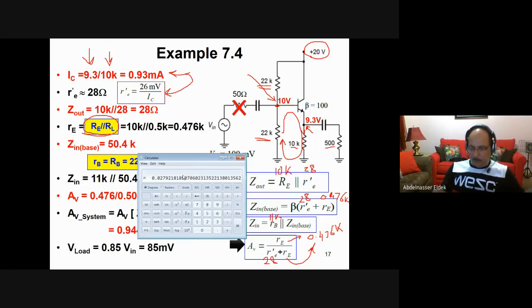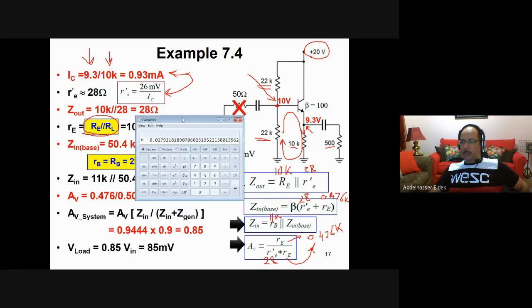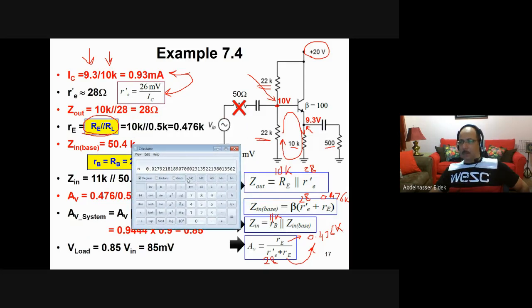So equals what? Equals 0.0279. So actually this is 27.9 ohm, almost 28 ohm, which is this number here. You multiply by 1000 to convert it to ohm instead of kilo. So it will be 27.9, almost 28.